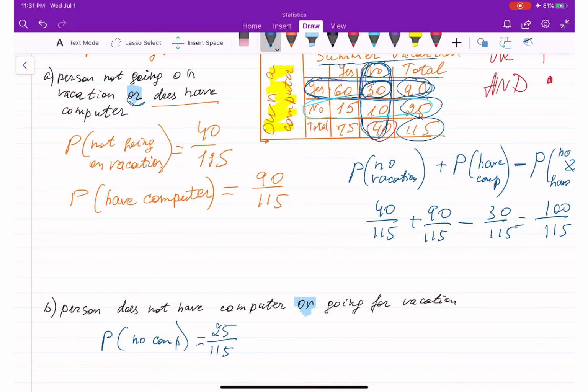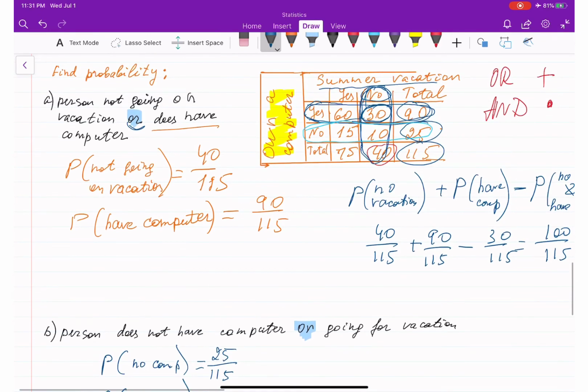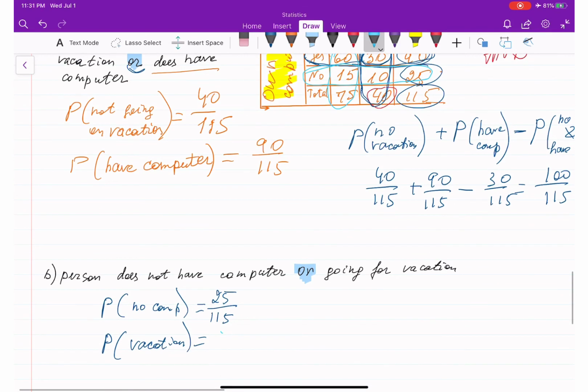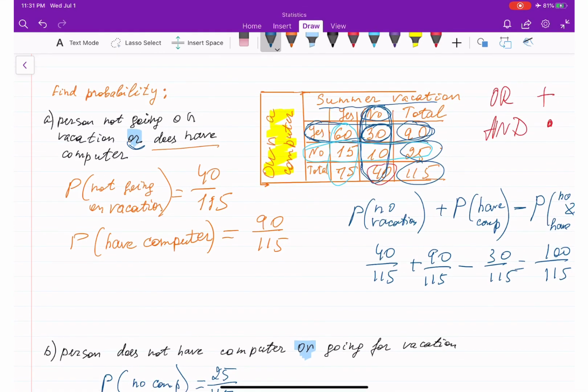And going on vacation, how many are going on vacation? Yes, going on vacation, here it is. Total 75 over 115. Do we have overlapping here? Yes, that is this 15.